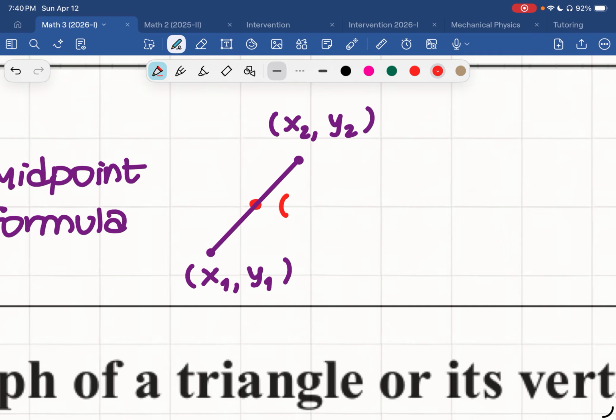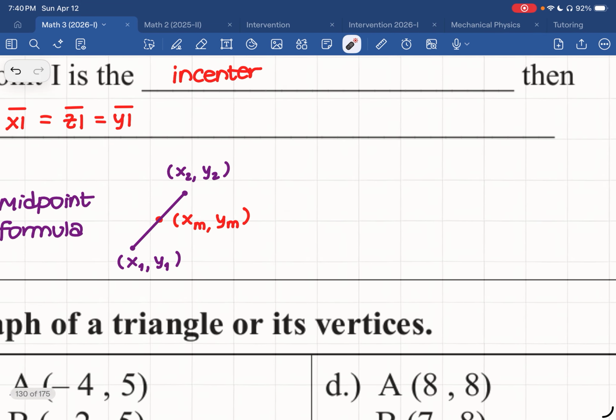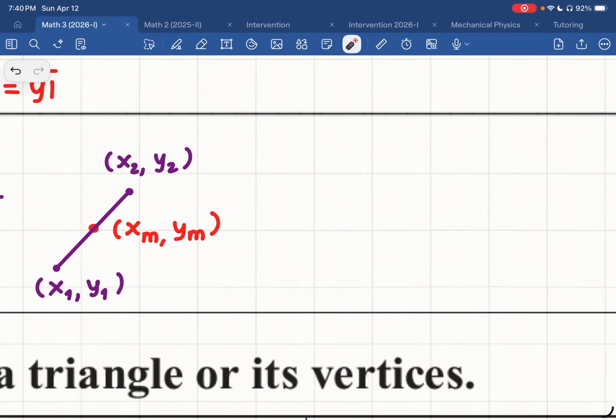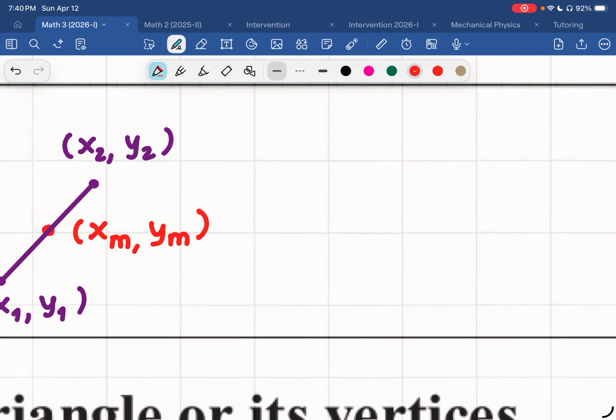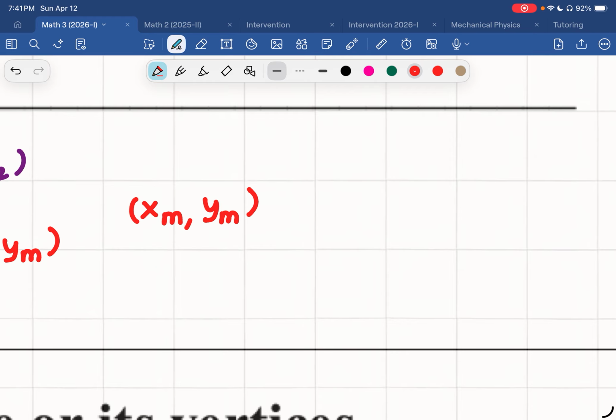So let's say the coordinates of this point are going to be x midpoint, y midpoint. But how do I find these numbers? To do that, we're going to use a formula. The formula says the following. The ordered pair xm, ym, you can find it just by doing the following.